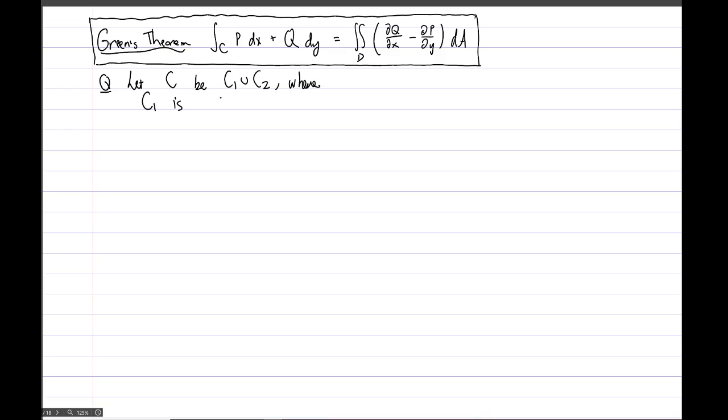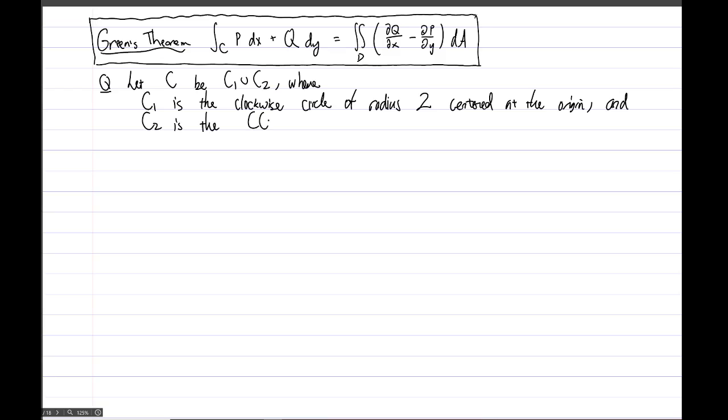C1 is the clockwise circle of radius 2 centered at the origin, and C2 is the counterclockwise circle of radius 5 centered at the origin.